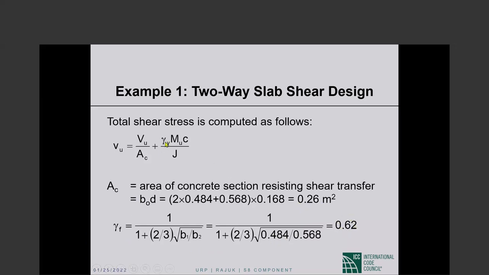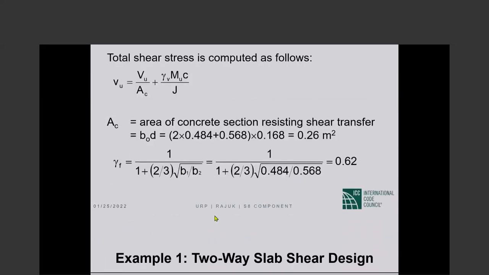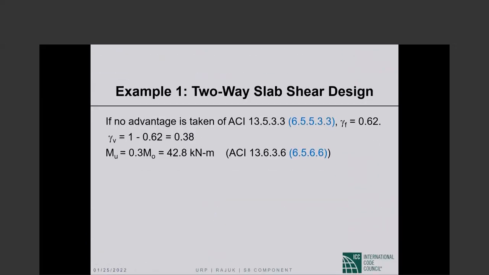That will leave 38% to be transferred by shear. And then remember, there was a major quirk. The exterior support section moment is 26% of M sub 0. But when we do the shear calculation, the moment that we have to transfer is 30% of M sub 0.